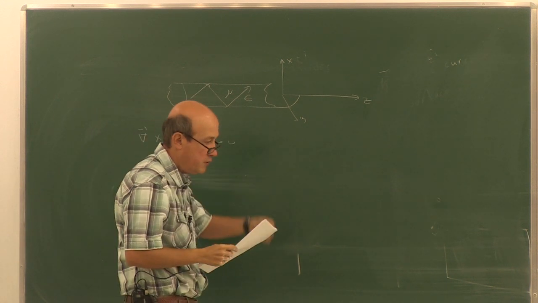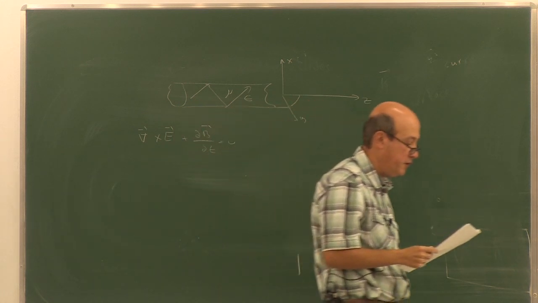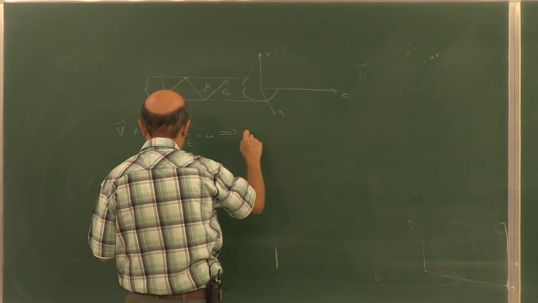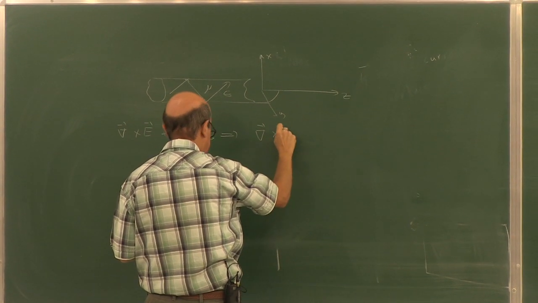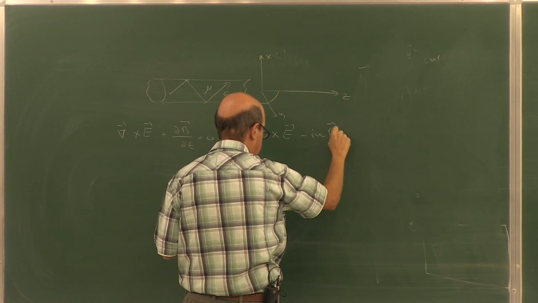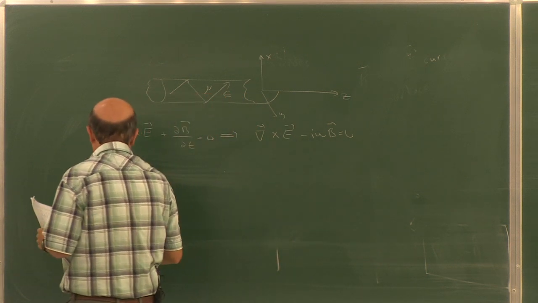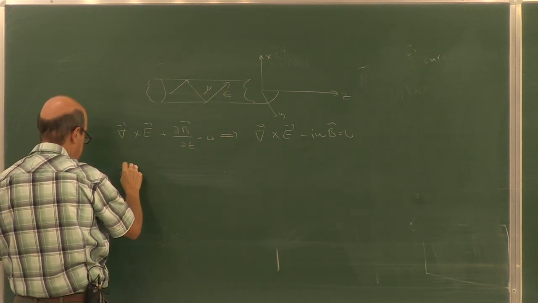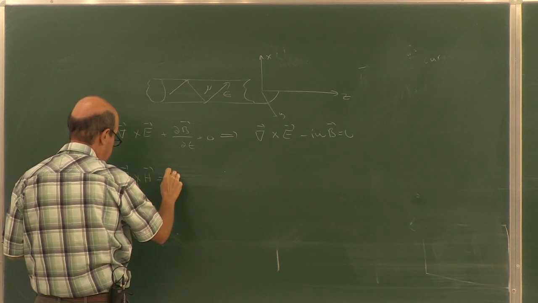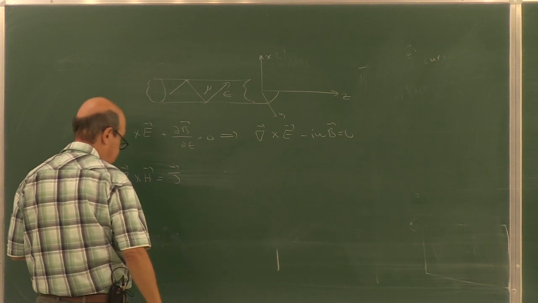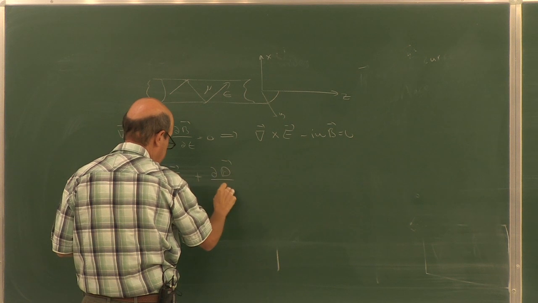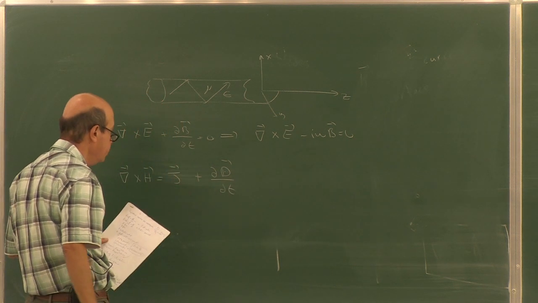Since the waves are oscillating, let's say at one harmonic frequency omega, that will be written as curl of E minus i omega B. The modified Ampere's law, curl of H, source of the magnetic field is the current density plus the time rate of change of the electric displacement.